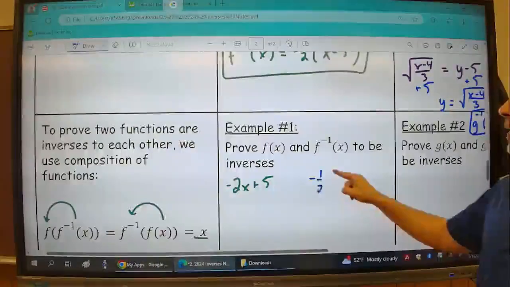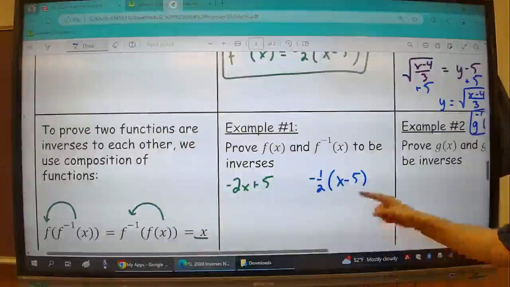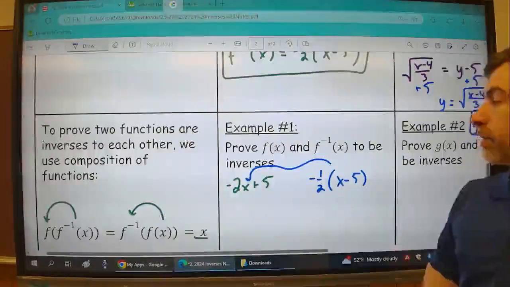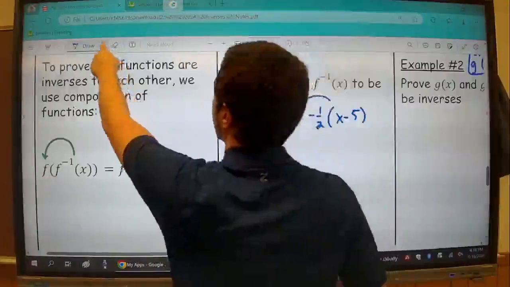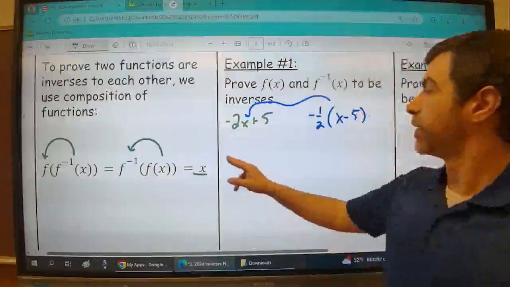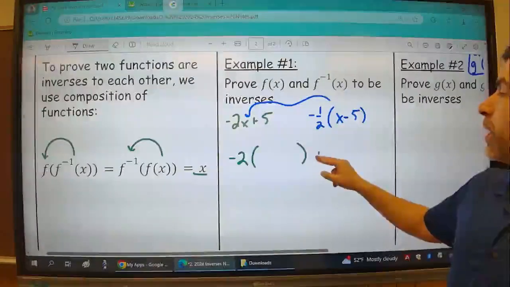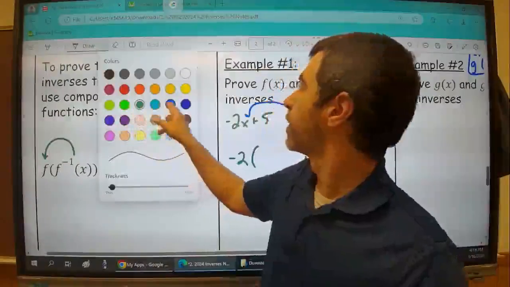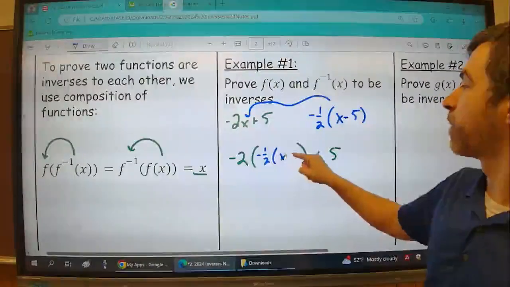Negative 1/2 times x minus 5. So what I'm going to do is take this blue function and plug it in where x goes. That means that the negative 2 is still there, but now, instead of x on the inside, I have negative 1/2 times x minus 5.